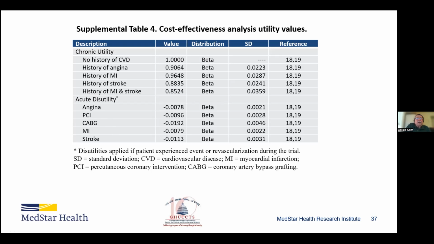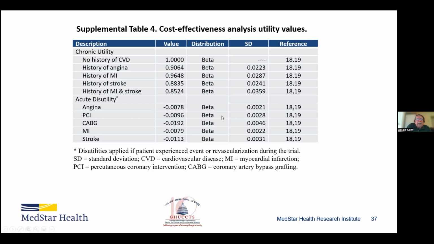And so this is usually looked at as a beta distribution, which again is a distribution that goes from -1 to +1.